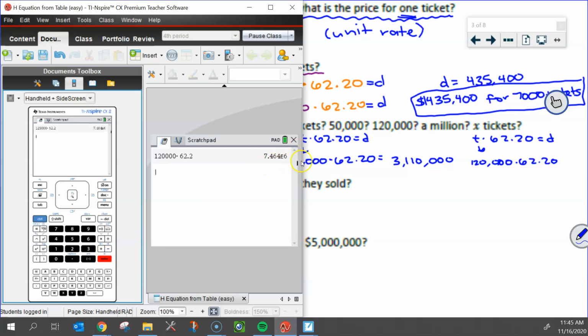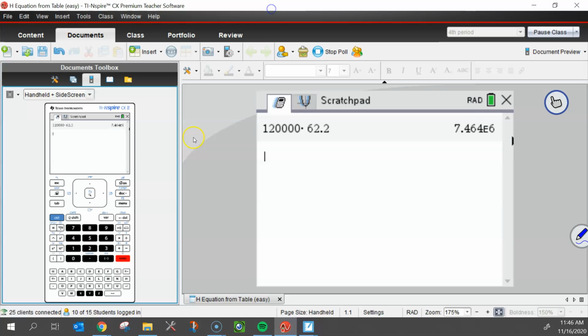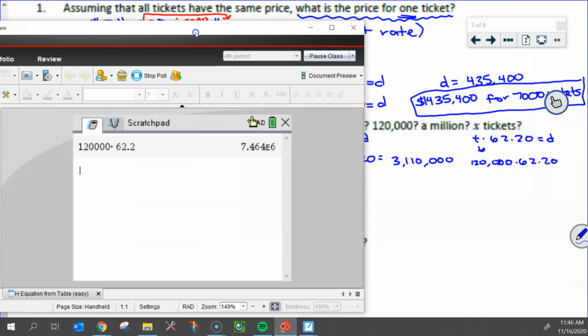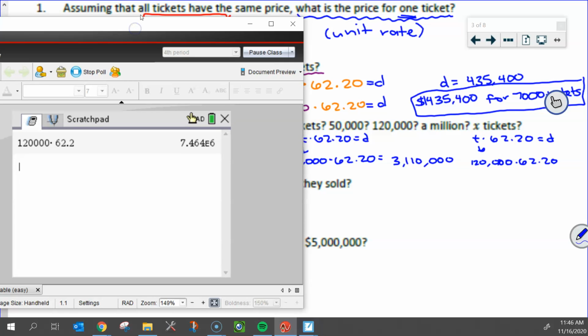That's not an error. I'm going to make it bigger so we can see it. What this means is here's the start of your decimal places, and we need to move the decimal place over that many times. This is actually scientific notation. If you haven't learned about scientific notation, hopefully you will soon.